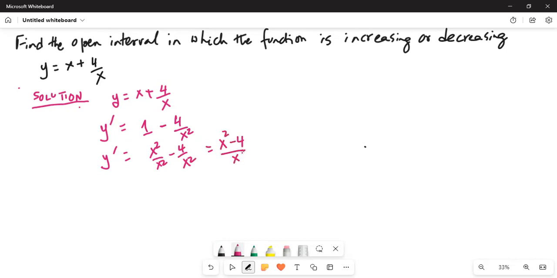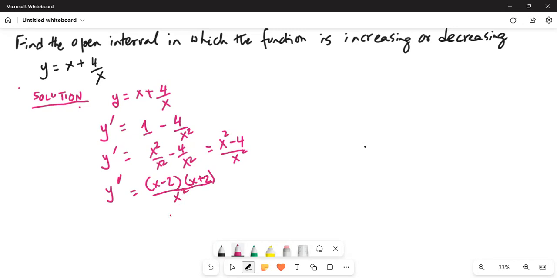So actually y prime, if I factor the expression x square minus 4, I get x minus 2 and x plus 2 over x square.